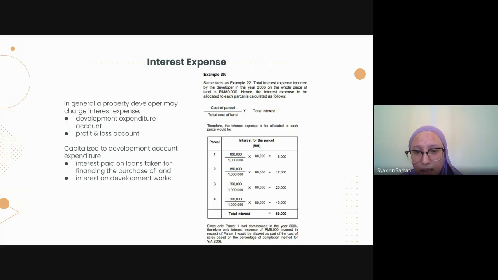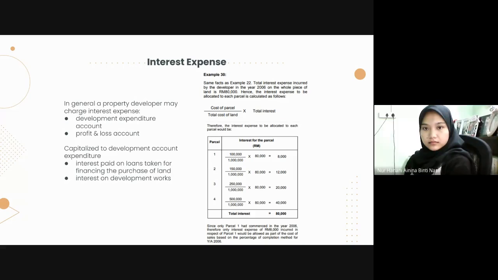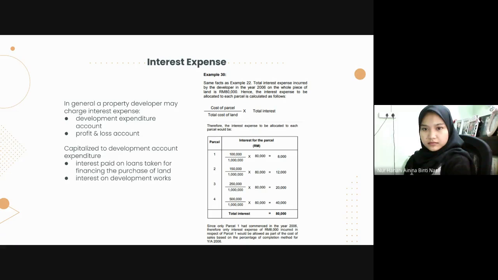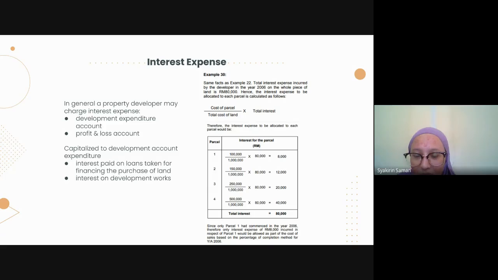Example 30 is the computation for interest for each parcel. This example is the same as the first example where for parcel 1 the total land cost is 80,000. Sorry, my mistake. For parcel 1 the total land cost is only 100,000 and the total land cost is 1 million.